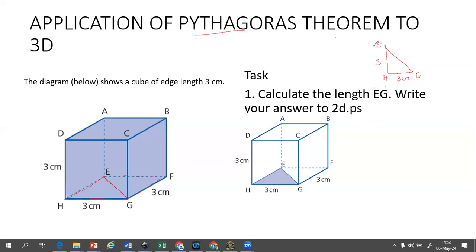Therefore, the figure you are extracting is a right-angled triangle, so you apply Pythagoras theorem. Let me ask everyone to calculate EG using Pythagoras theorem. Whenever you meet a right-angled triangle, it means you are coming up with Pythagoras theorem.